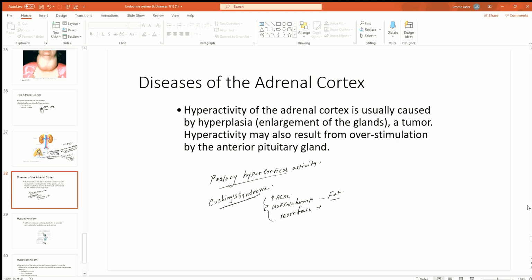And hypofunction of adrenal cortex, the opposite, prolonged hypoadrenocortical activity, will cause a clinical condition that is called Addison's disease.